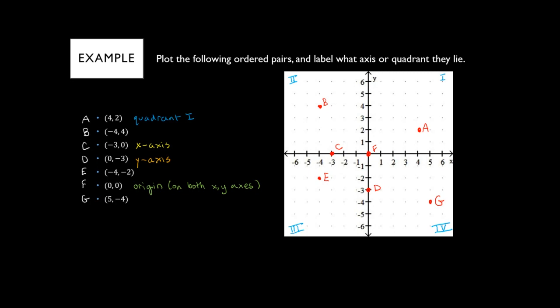B is in 2, so I'm going to just label that as Q2. We've already labeled C and D. E is in quadrant 3. And then G is in quadrant 4. So if it's in the space, it's in the quadrant. If it's on the line, it's on an axis.